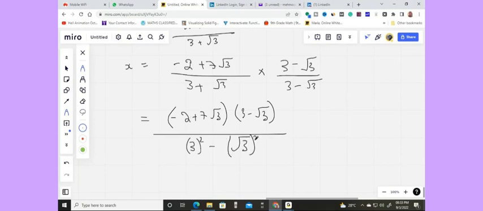Just multiply these two irrational numbers in the numerator and tell me what the result is.